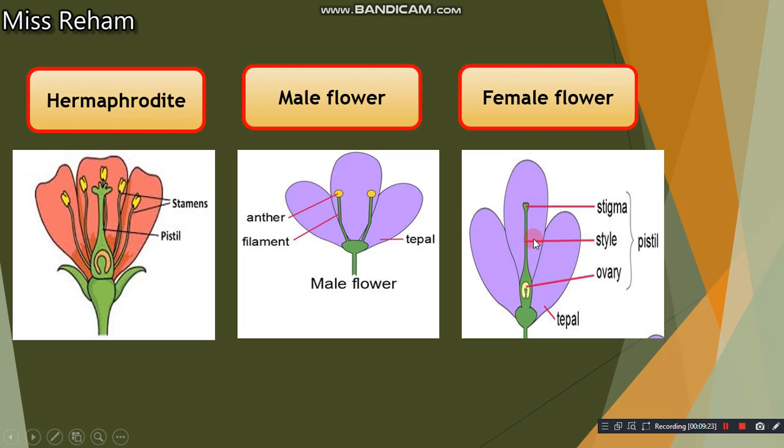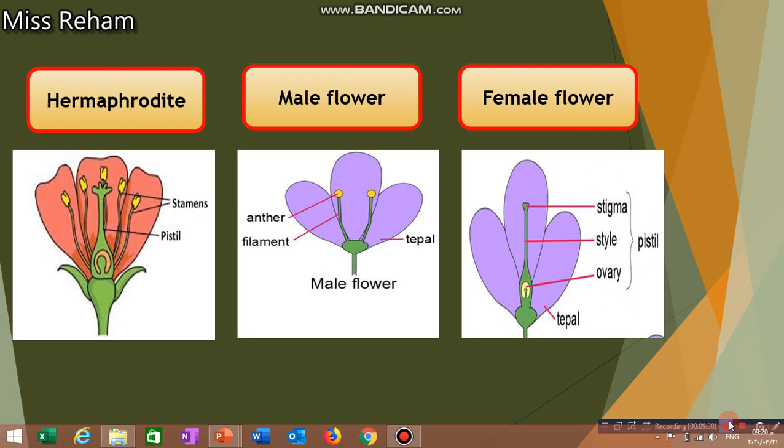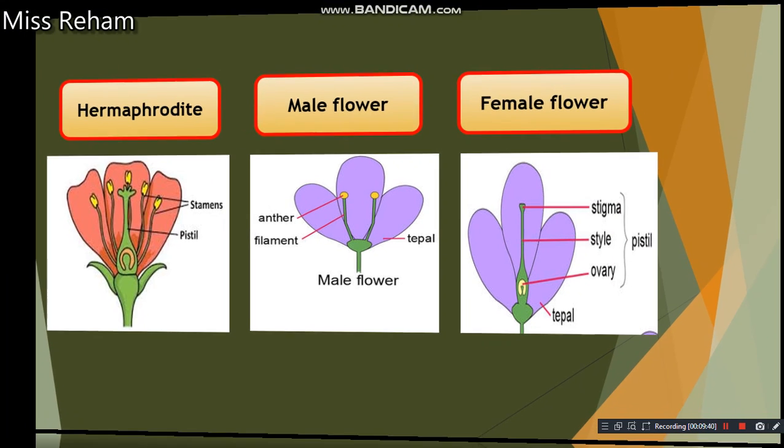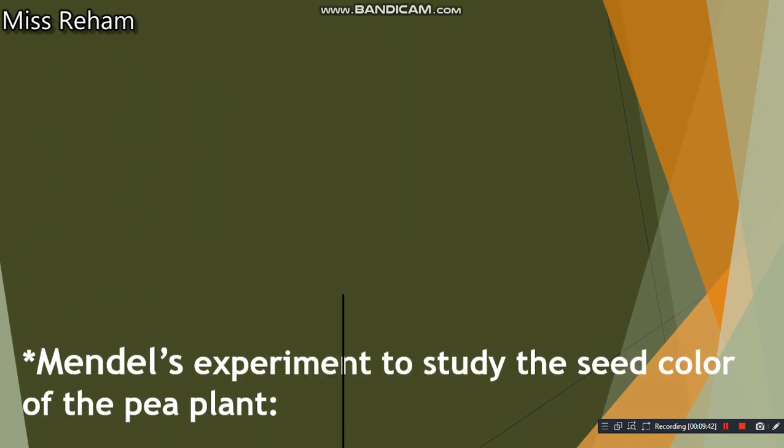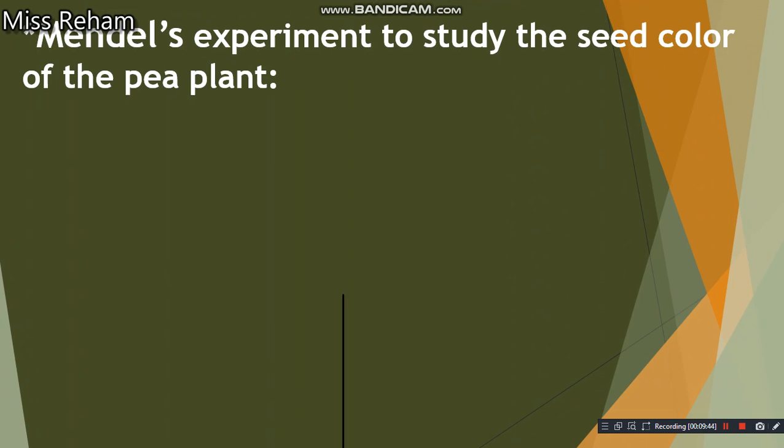The female flower contains female organs only: stigma, style, and ovary. And these are called the pistil. Okay? Now, let's study Mendel's experiment to study the seed color of the pea plants.